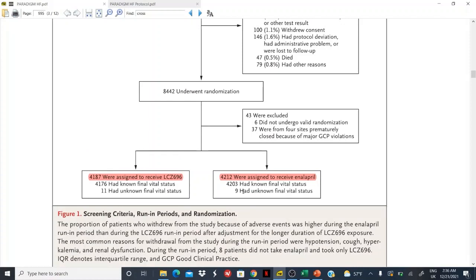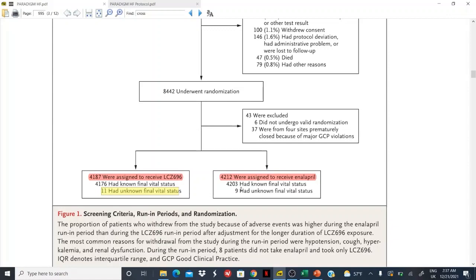We're going to see that about 11 patients had an unknown final vital status in the sacubitril valsartan arm, and about 9 patients in the enalapril arm. Now, our outcome of interest is all-cause mortality, and so these are the patients whose death or alive status we really don't know. Those are the patients with missing outcome data.